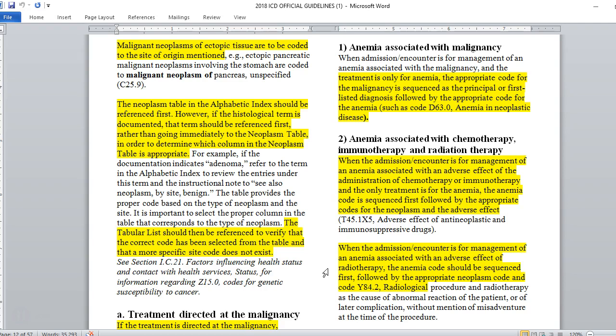So again, whether we are using the alphabetic index or the table, it reminds us the tabular should then be referenced to verify the correct code has been selected from the table and that a more specific site code does not exist. So again, we always check either in the alphabetical or the table and then double check the tabular. Okay, and we always want to make sure we are getting as specific as the documentation gives us.